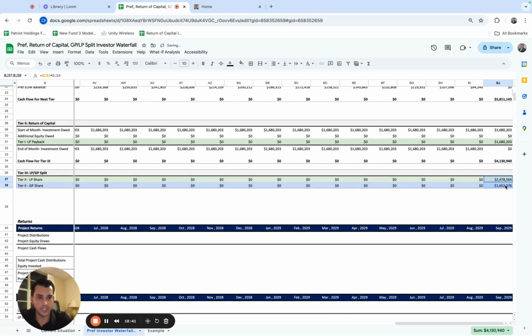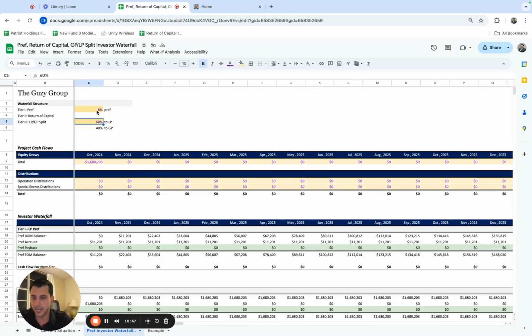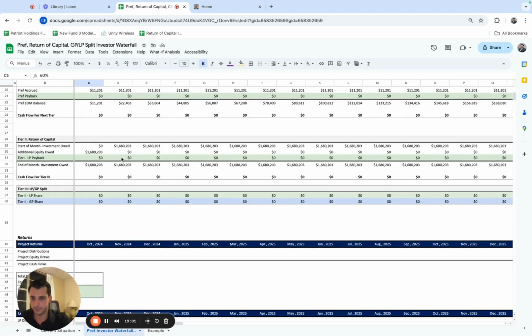And these two together should add up to 4.13, 4.13. So that's perfect. One thing I want to point out, guys, always make this dynamic. Make the pref dynamic where it's an input, and make the GP LP split dynamic. Just so when you work for a private equity firm, the GP can really play around with the potential returns you're going to offer investors. It lets them know exactly what they should offer.